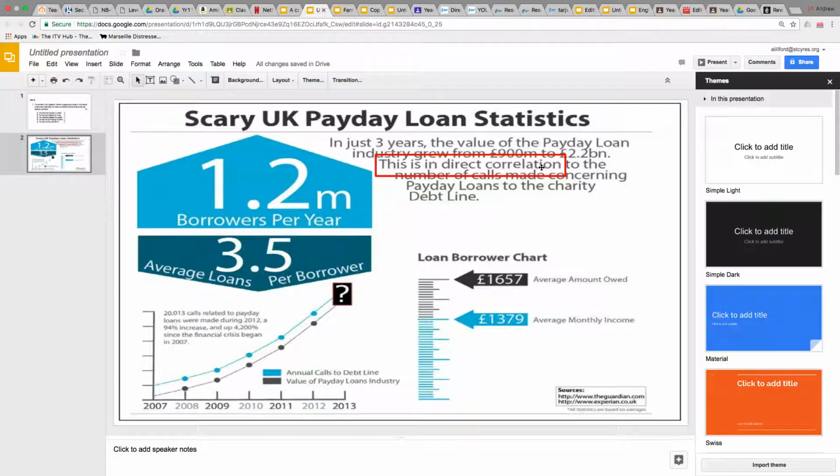This is in direct correlation to the number of calls made. If we look down here, we can see annual calls to debt line in the light blue, which goes up, and it goes up at about the same rate as the value of the payday loans industry. So it's this bit here that is useful in helping us answer the question.